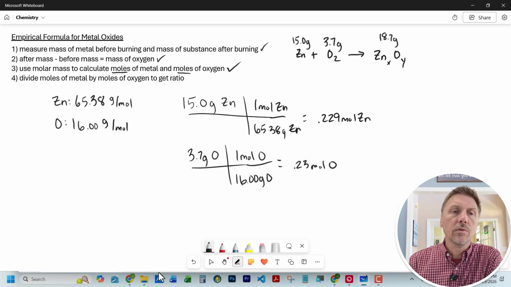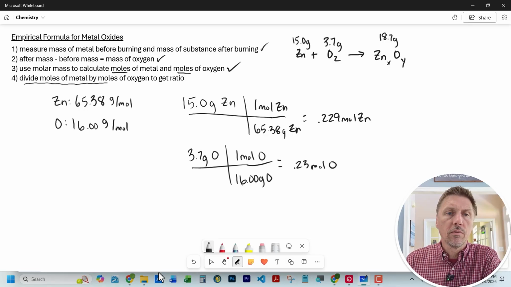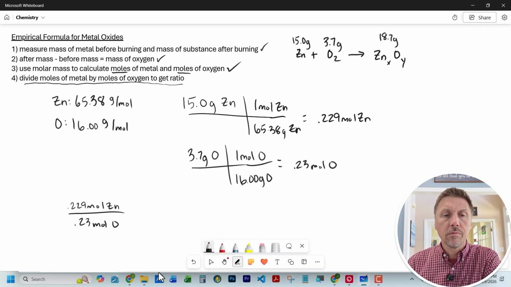So the last thing we need to do is divide the moles of metal by the moles of oxygen to get the ratio. And so when we do that, the moles of the metal is 0.229 moles of zinc, divided by the moles of oxygen, 0.23 moles of oxygen. And when we do that calculation, we get 1 zinc per oxygen, right?